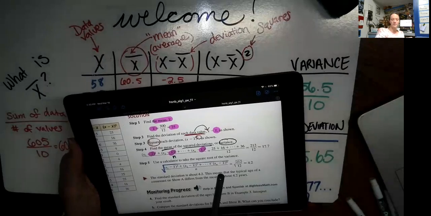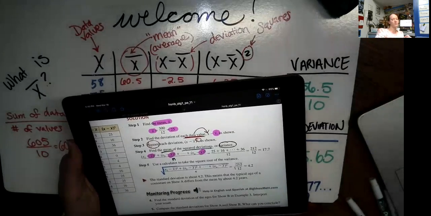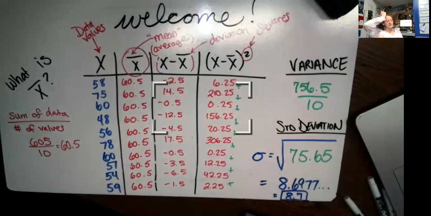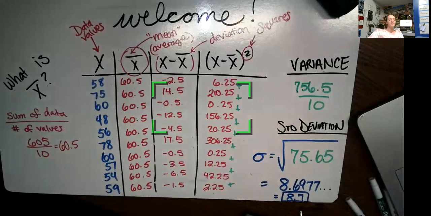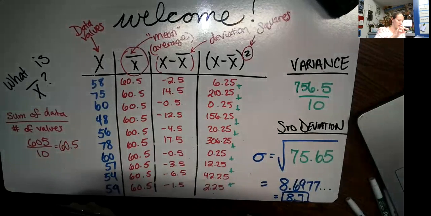And they said what that means is the typical age of a contestant differs from the mean by about 4.2 years. And for us, in our example with heights of the girls basketball team, on team A, the heights tend to differ by about 8.7. I think it was inches. I would need to look. Yeah, it was in inches.